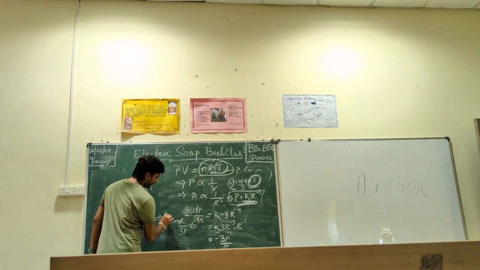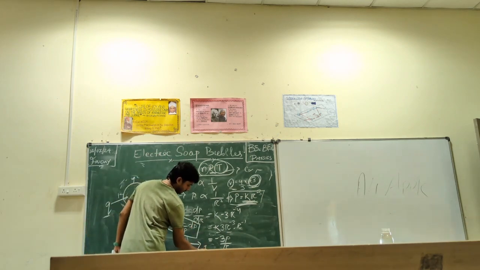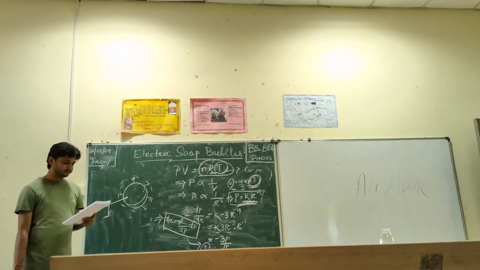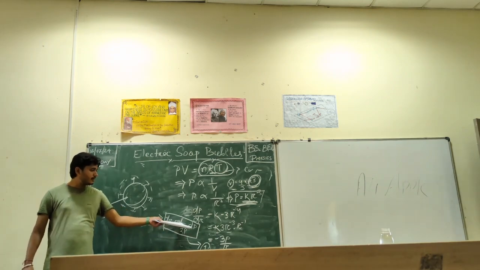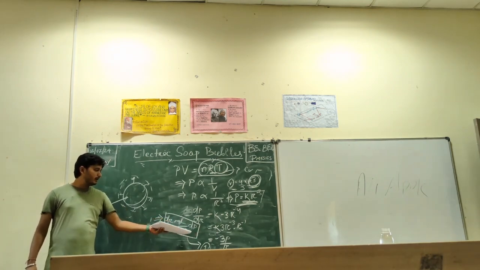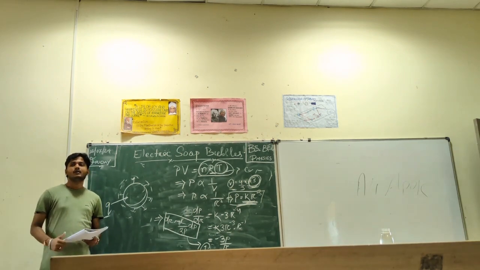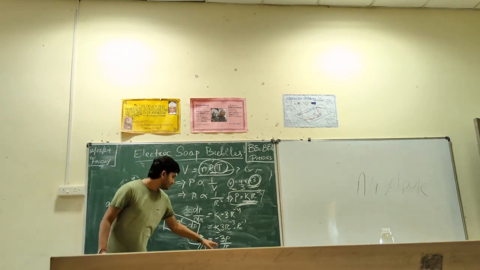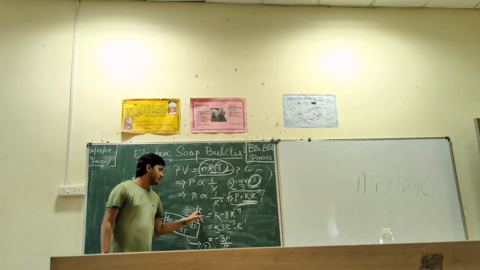In this equation 1, okay? Equation 1. dr equal to minus r into dp by p. Alright. Just cross multiply.